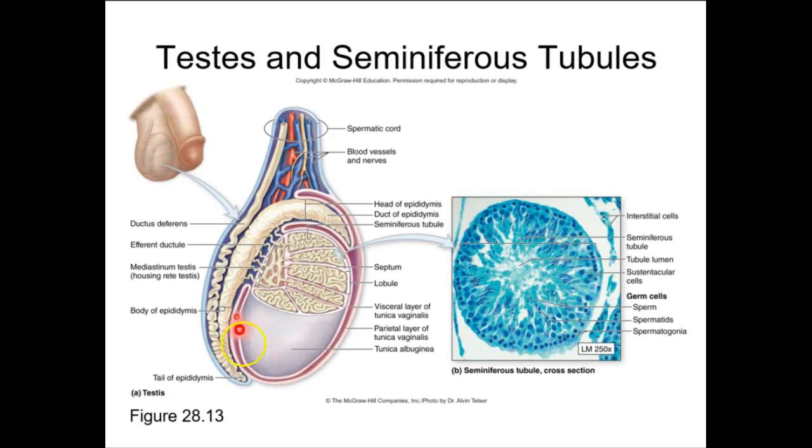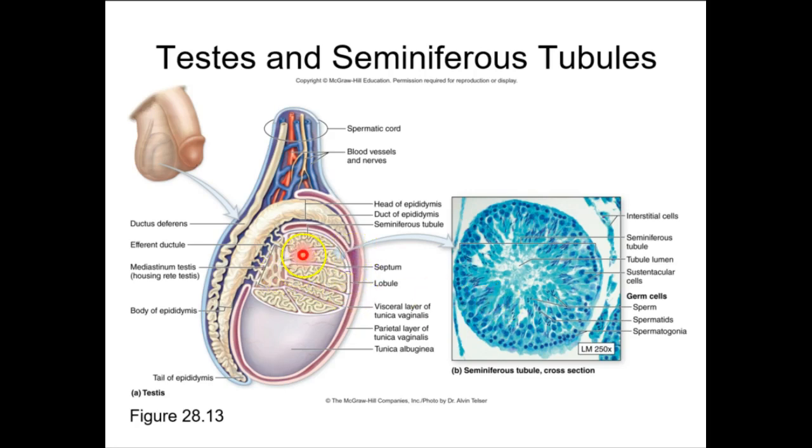So the pale surface of the testis itself is the tunica albuginea. Yeah, and then superficial to that would be the tunica vaginalis. Okay, also in this image, you'll notice these invaginations of the tunica albuginea make septa that divide the seminiferous tubules into lobules.